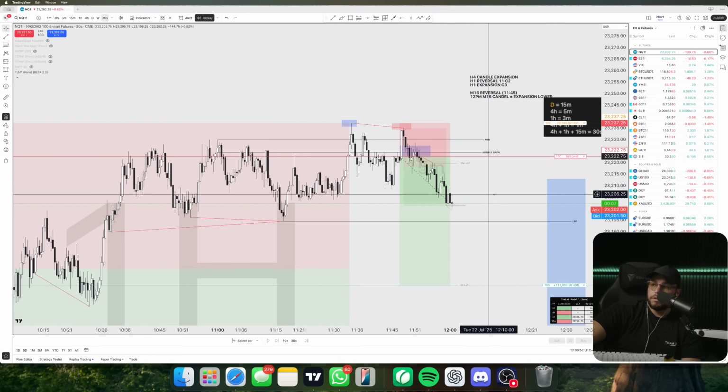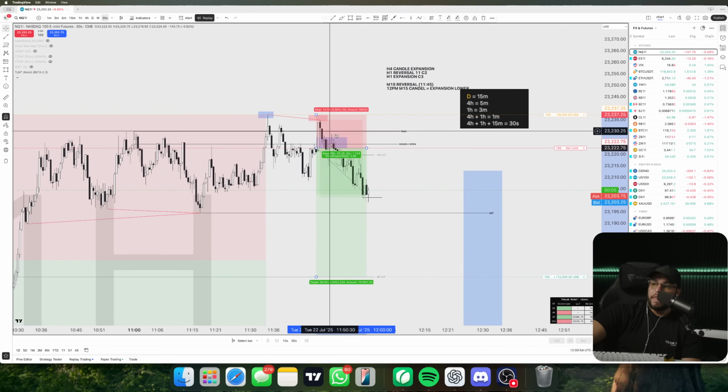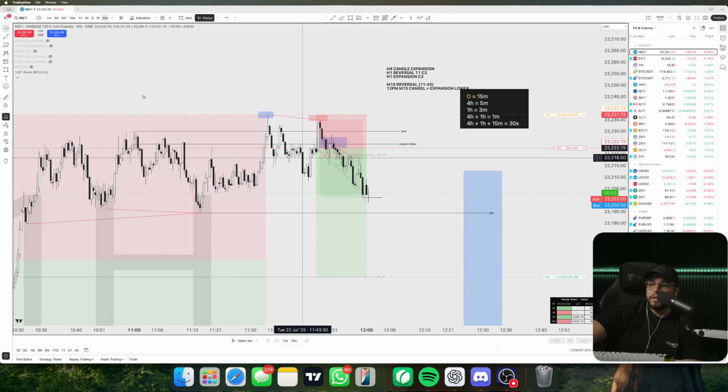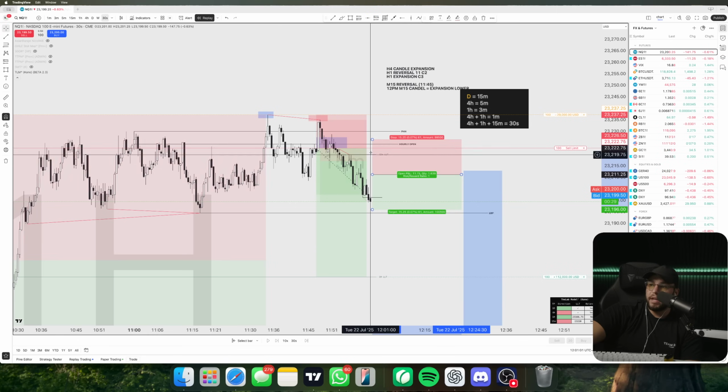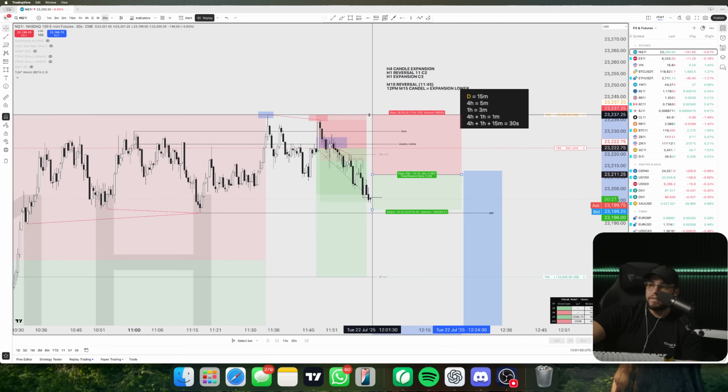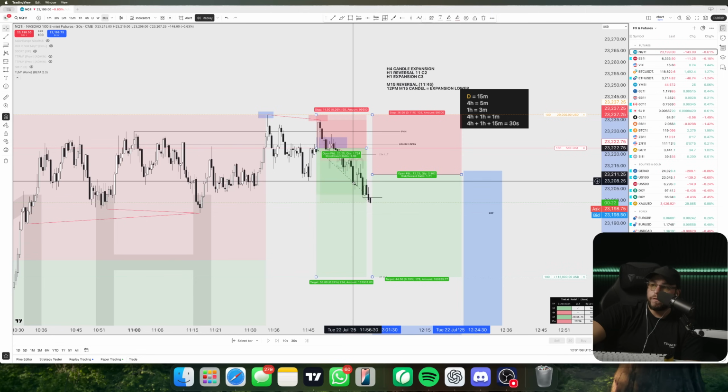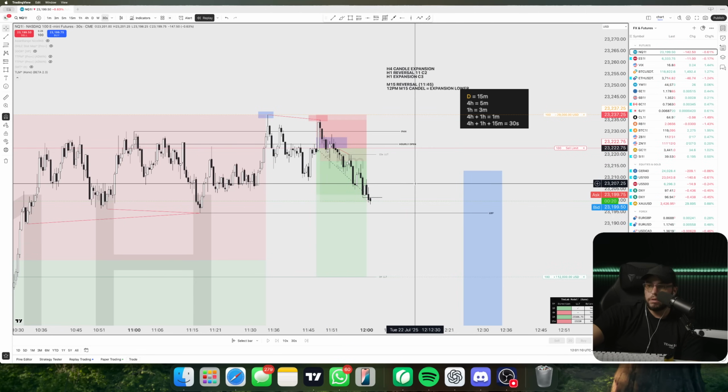Again, this is a 3.8R trade, right? Or you have the option to wait for this to open high up here. Do the same thing, same trade, same logic, for half the risk to reward.